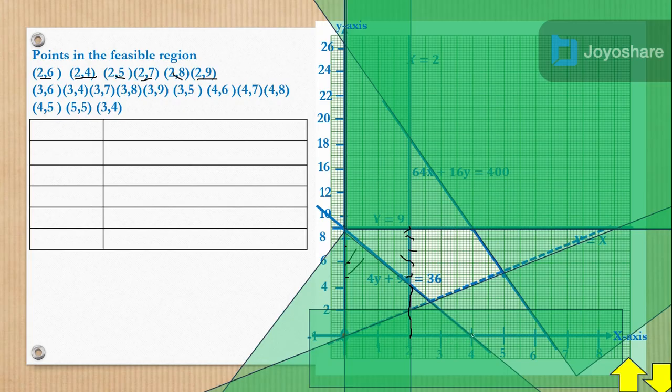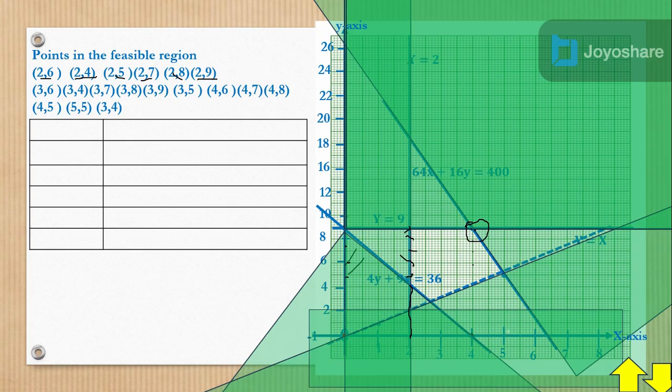So you go to 4: (4, 5) will work, (4, 6), (4, 7), and (4, 8). Now (4, 9), I don't know whether it is on the line. You can put coordinates on the line, but I don't know. Even (4, 9) would work for us there.